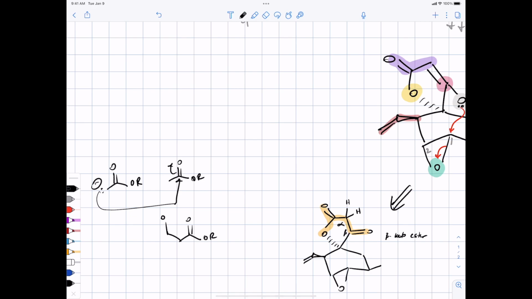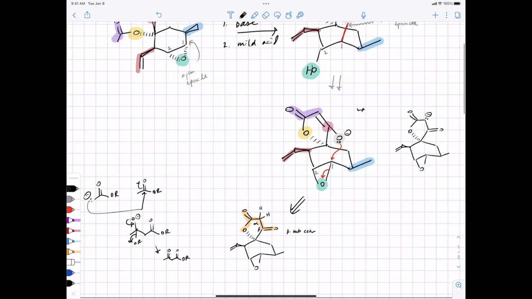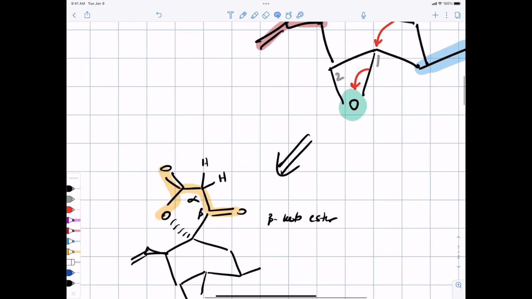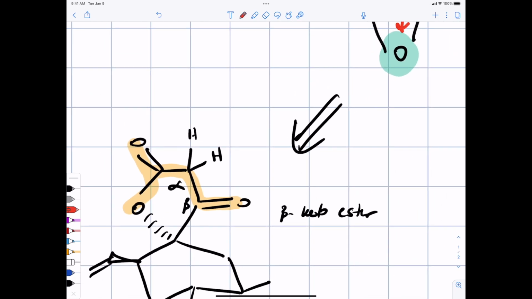Once you get there, there is a leaving group decent enough relative to a negatively charged oxygen to leave, and then that gives you the beta keto ester product. Which side of this beta keto ester, the bond that I would have made is this one between alpha and beta carbons. That means this used to be my nucleophile and this used to be my electrophile.